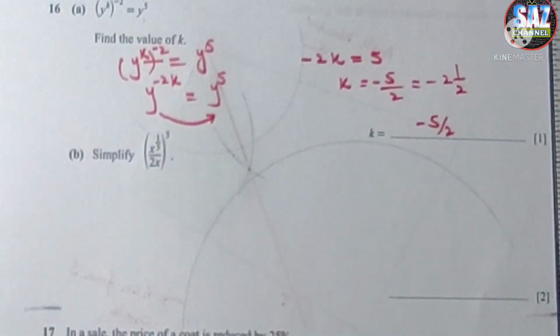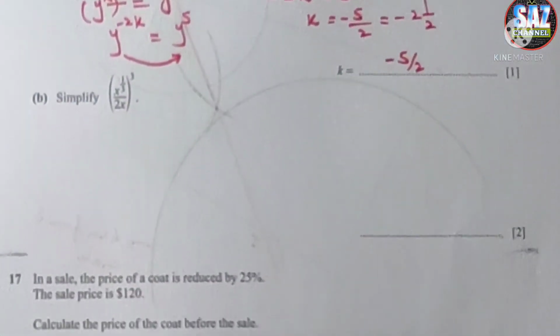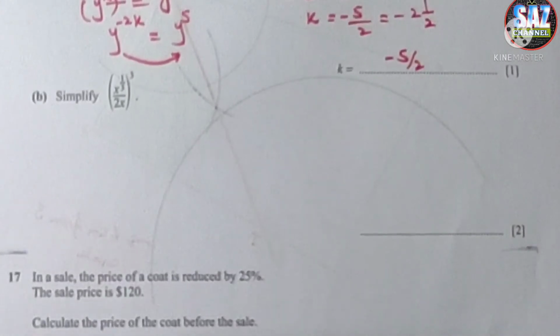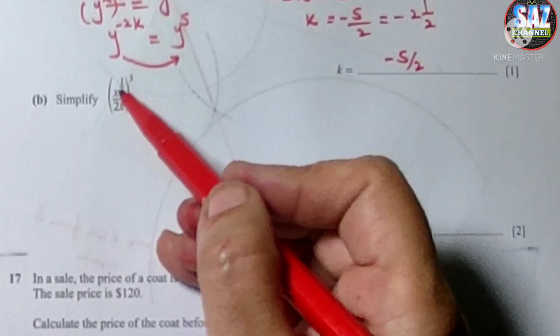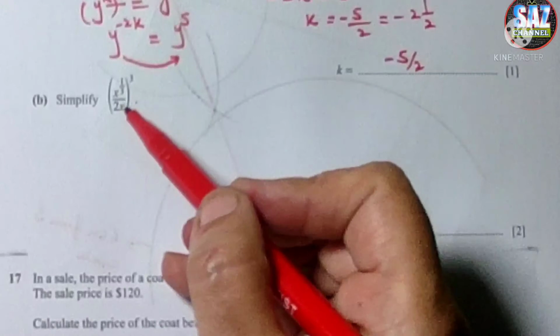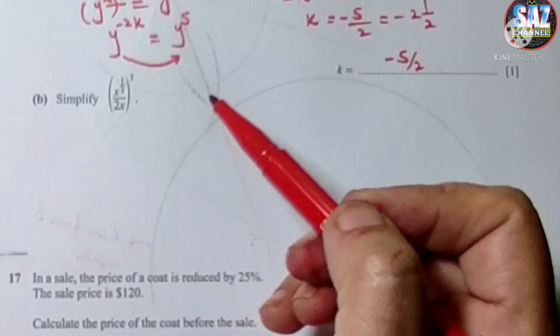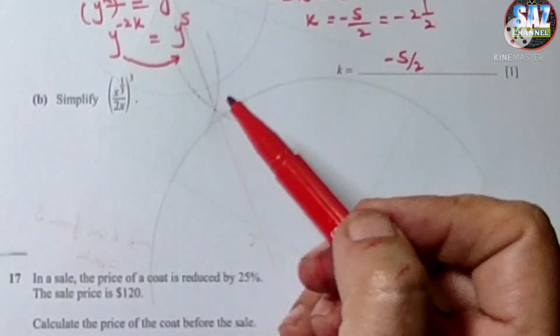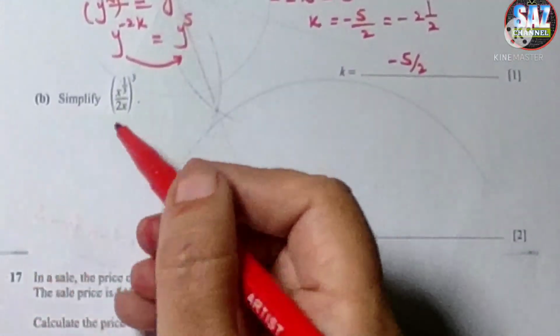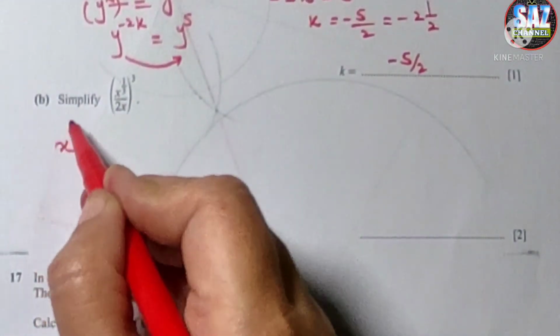Now moving to the second part, which says simplify x raised to power of 3, x raised to power 1 by 3, over 2x, whole raised to power 3. So let's start the question. Here again the examiner is testing the laws of indices.